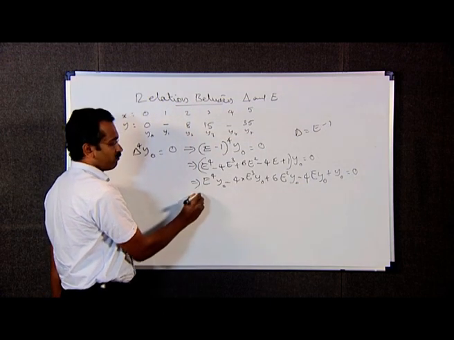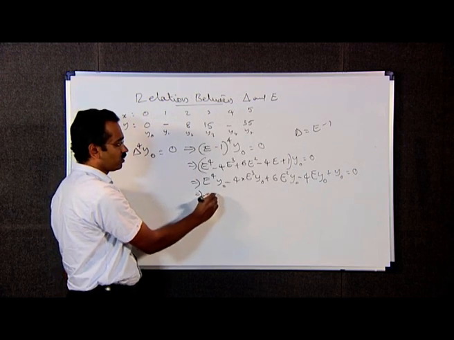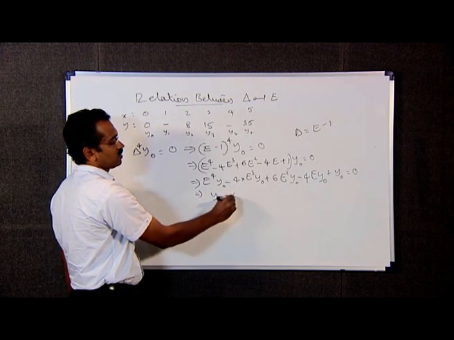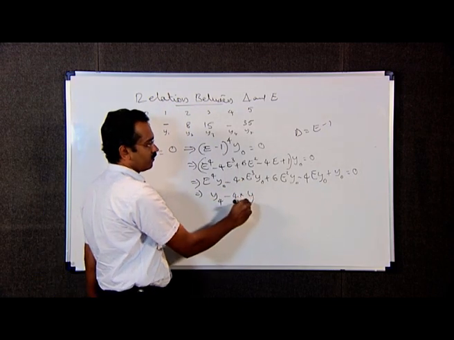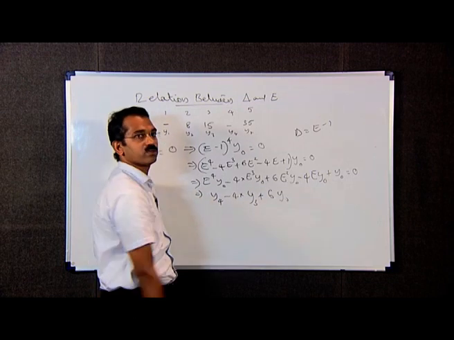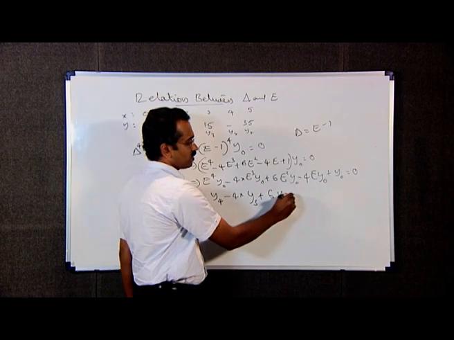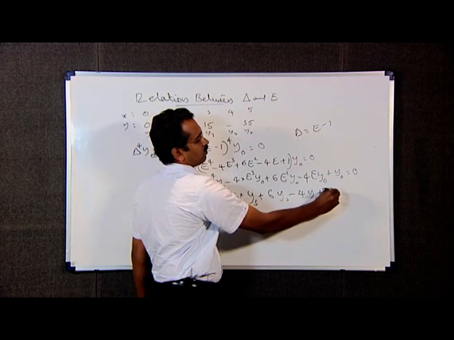By definition of the shift operator, E raised to 4 y naught is y4, minus 4 into E cube y naught is y3, plus 6 into E square y naught is y2, minus 4 into E y naught is y1, plus y naught equal to 0.